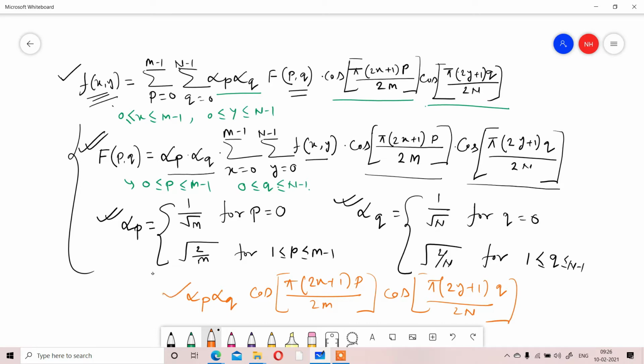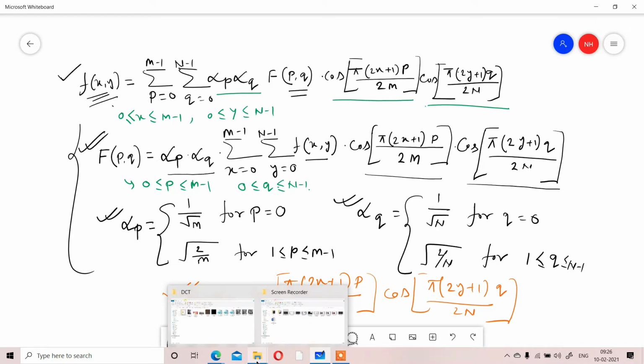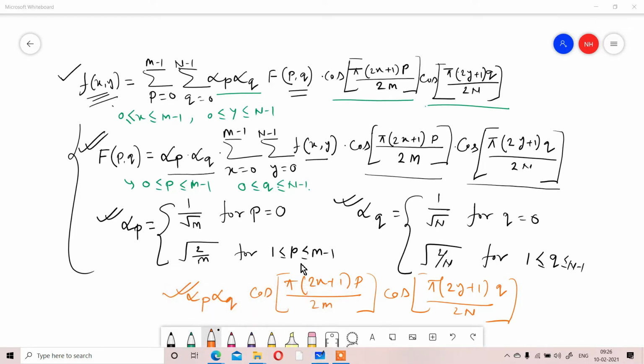That is fixed. So in MATLAB, if you are able to write the code for the equation alpha p alpha q cos of this and this, you can generate the transformation matrix. Now the matter is that, depending on that formula, if you generate the transformation matrix, you have to generate it for a specific size.